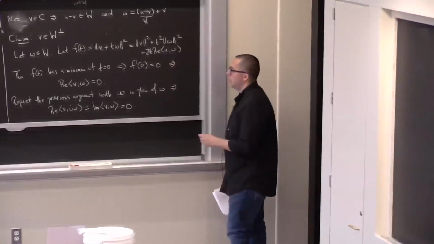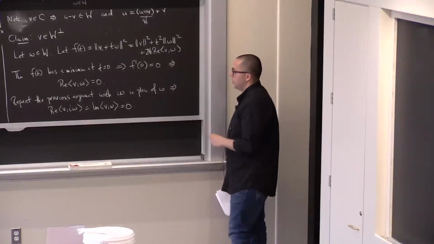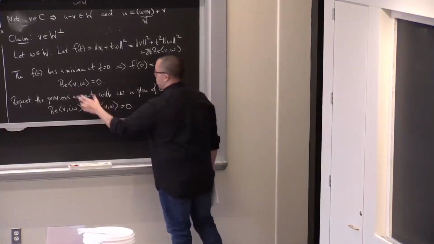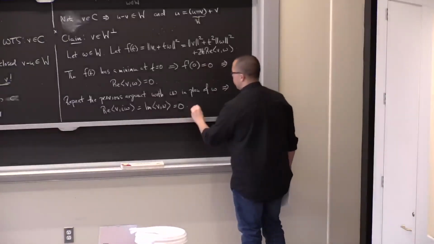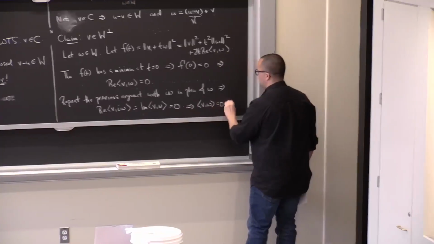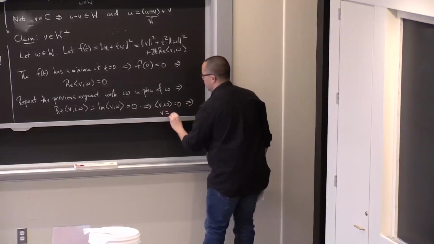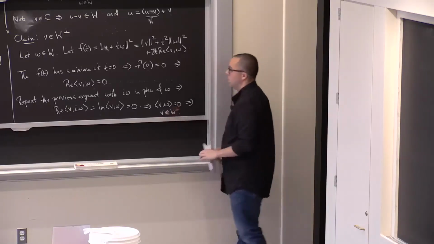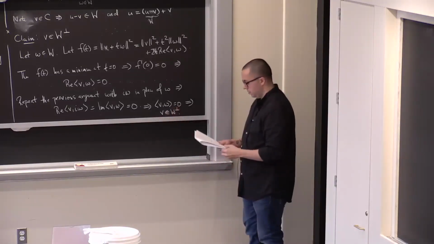And therefore, the inner product of V with w is 0, since its real part and imaginary part equal 0. And therefore, V is in the orthogonal complement.